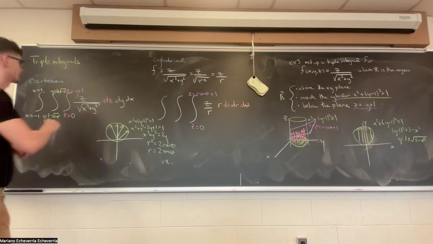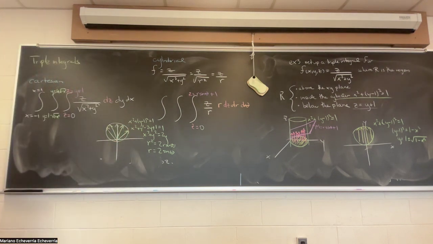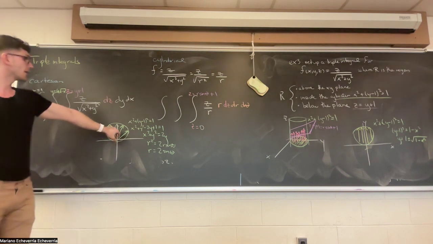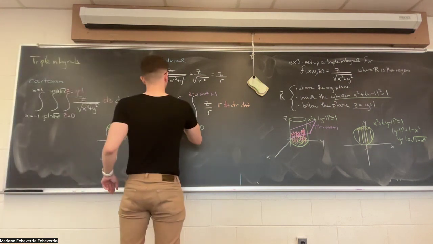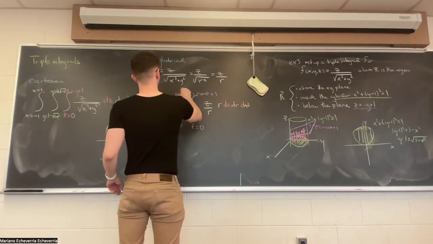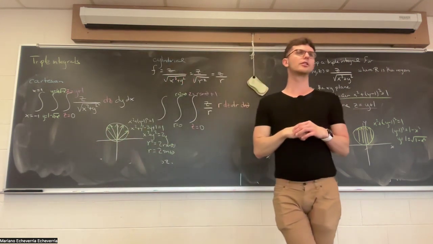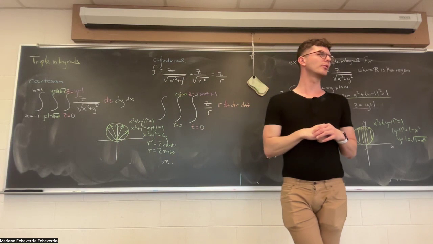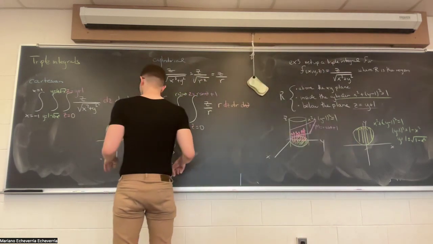That is how the circle equation is in polar: r equals 2 sine of theta. So the r bounds go from 0 to 2 sine of theta, right? And the theta bounds go from 0 to pi in this case, because the circle is in both quadrants.